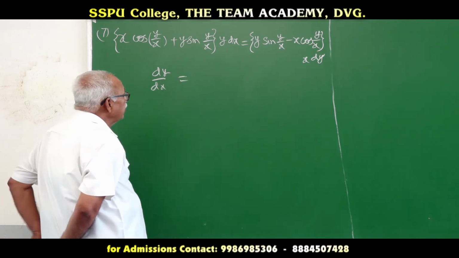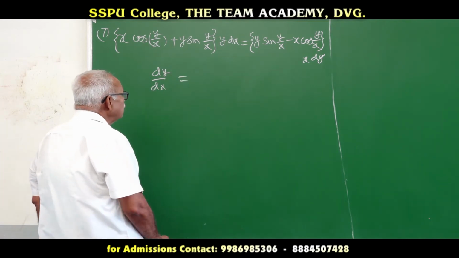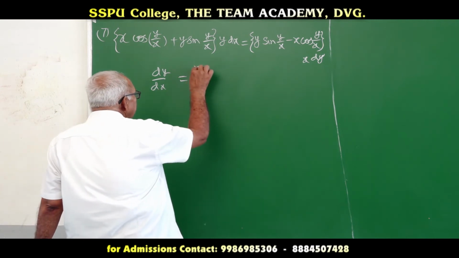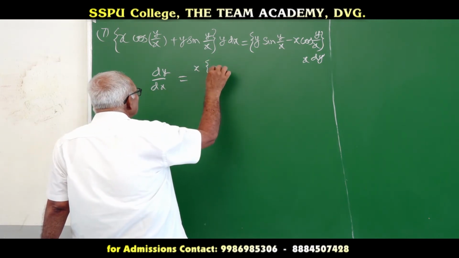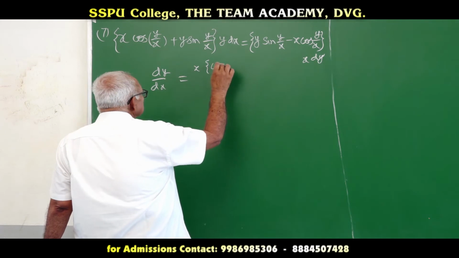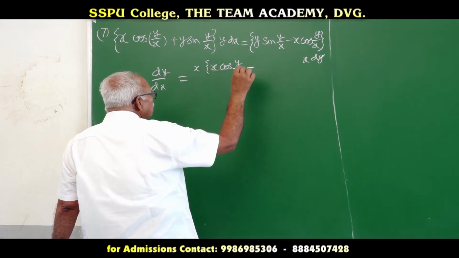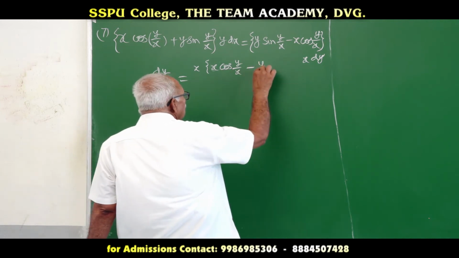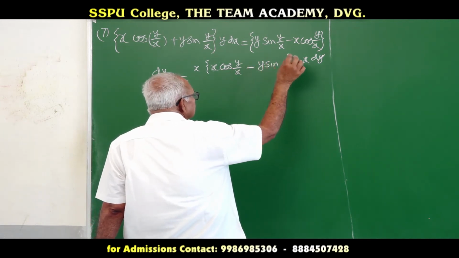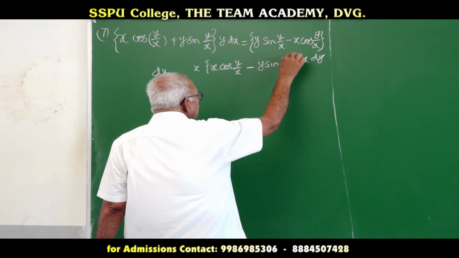dy by dx is x into cos x cos y by x minus y sin y by x.